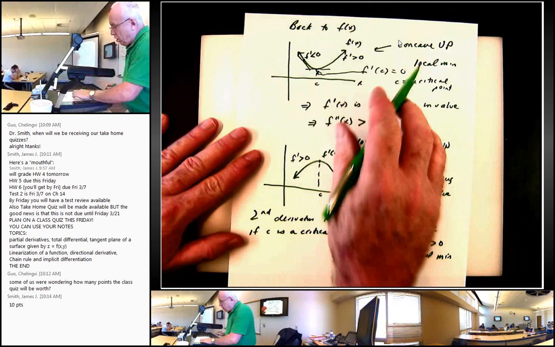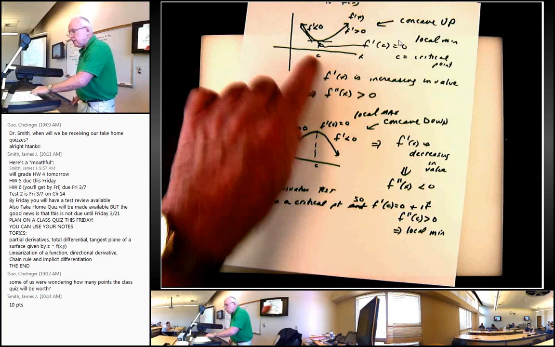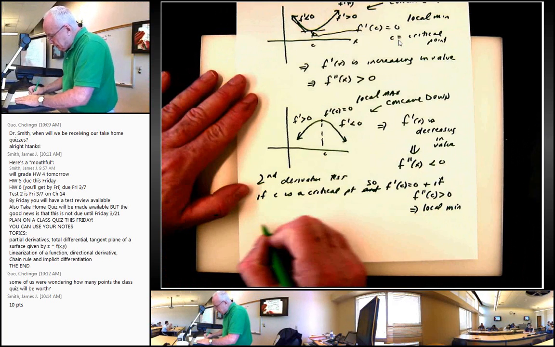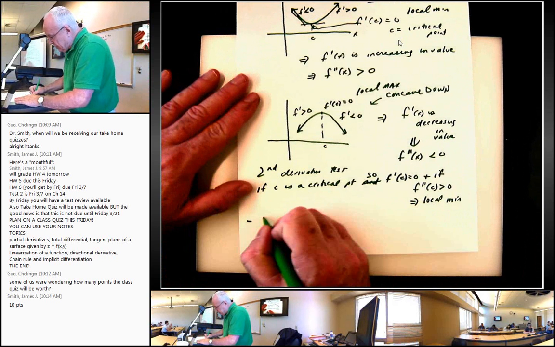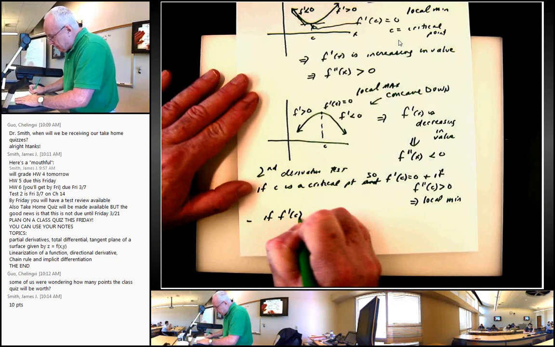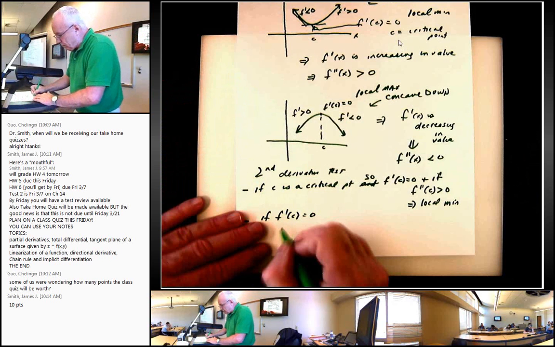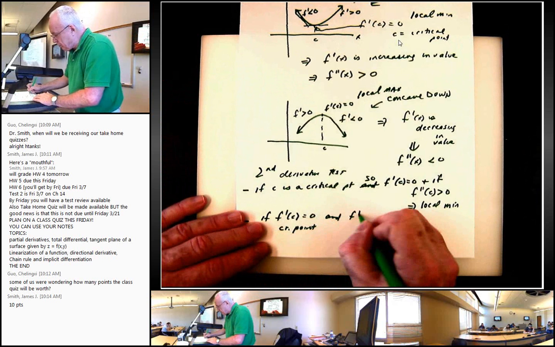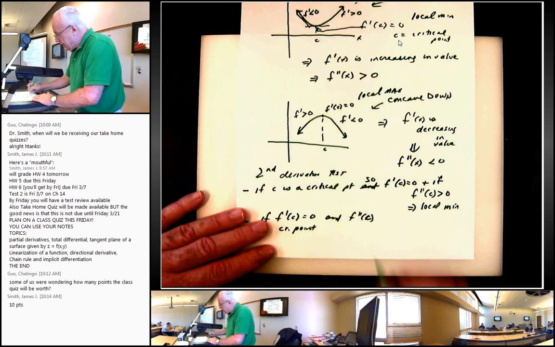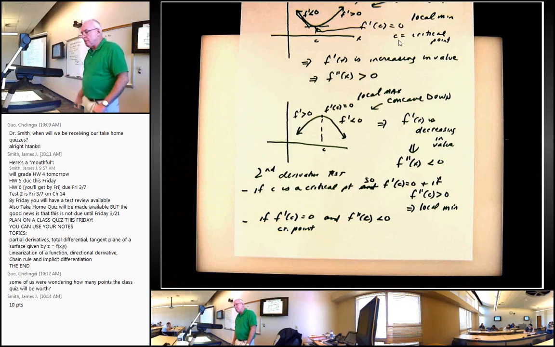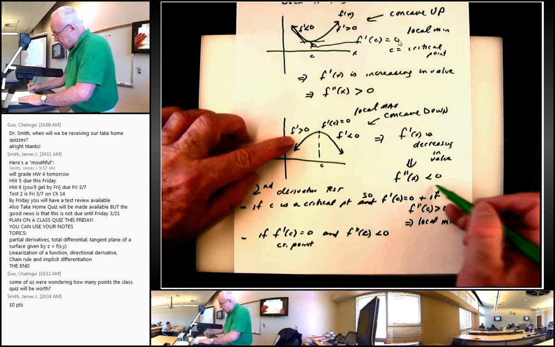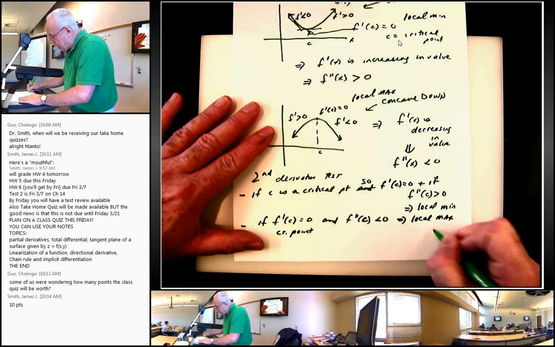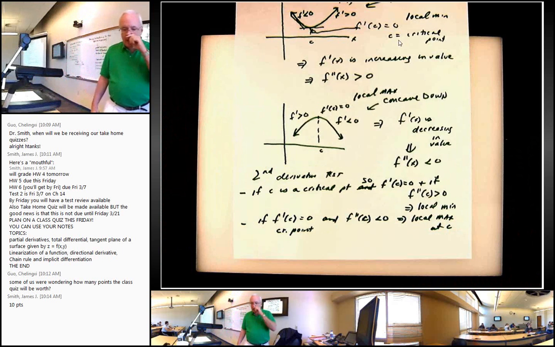Local minimum, our second derivative here was bigger than 0. All right, and then this other part of it is this. If f prime of c is equal to 0, so that means we're at a critical point, and now this time around, the second derivative is less than 0. And that's the case with the second graph I drew. Then we have a local maximum at our critical point c.